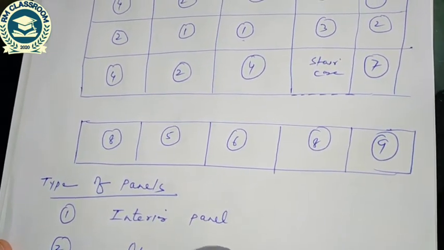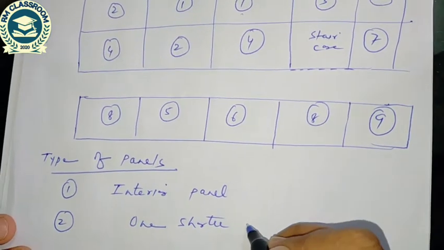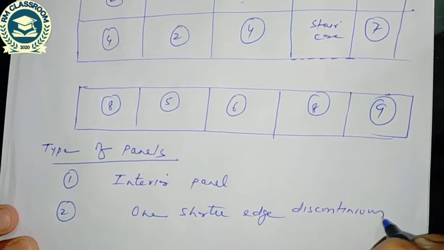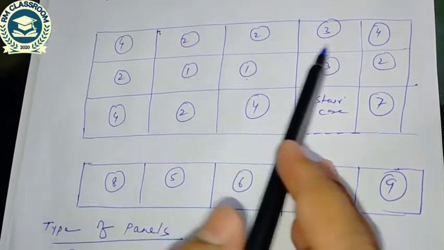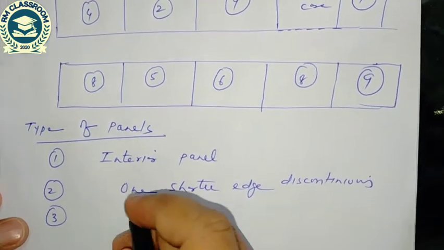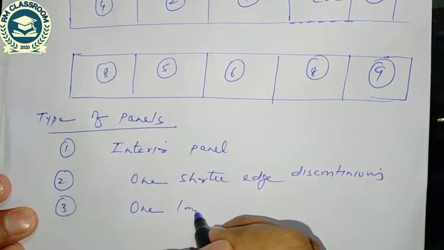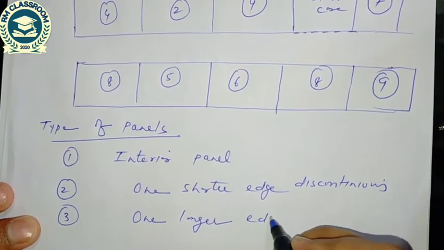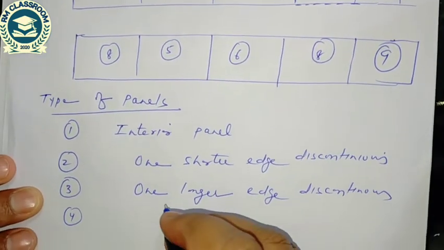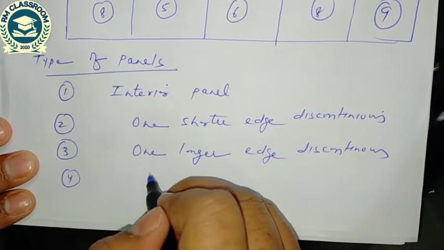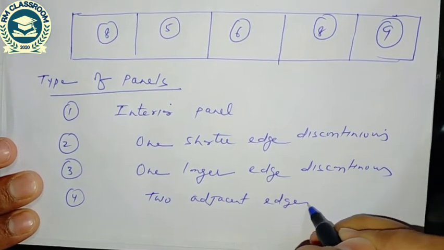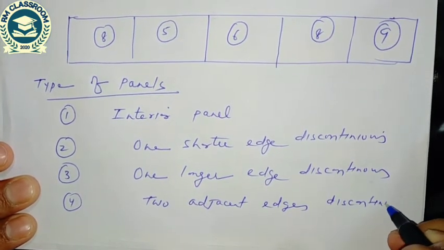Second one is one shorter edge discontinuous. Second panel, this panel, is one shorter edge discontinuous. Third panel is one longer edge discontinuous. Fourth panel is named as two adjacent edges discontinuous.